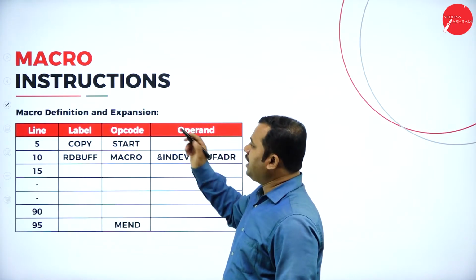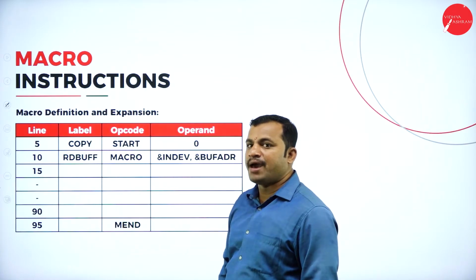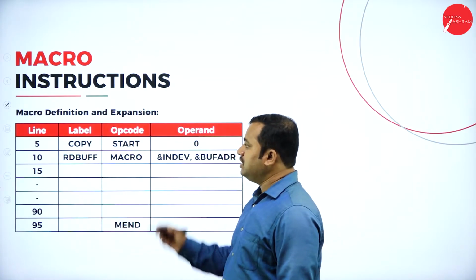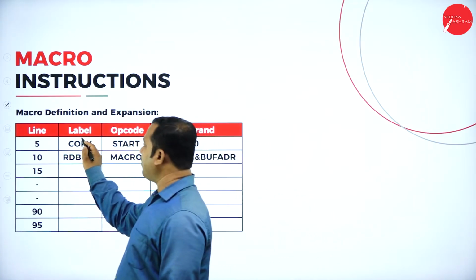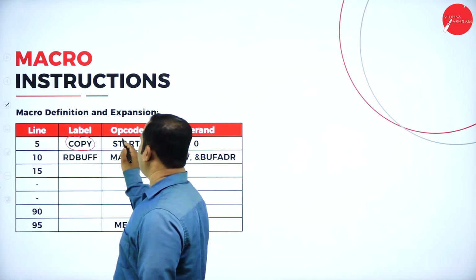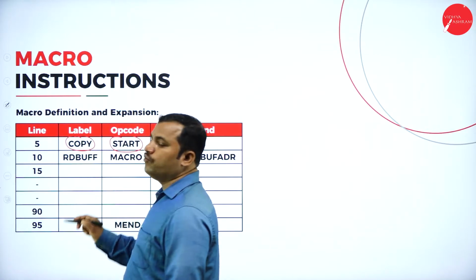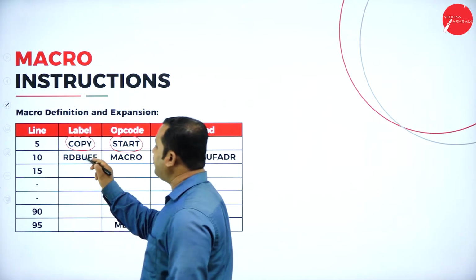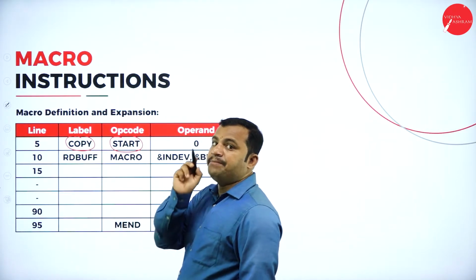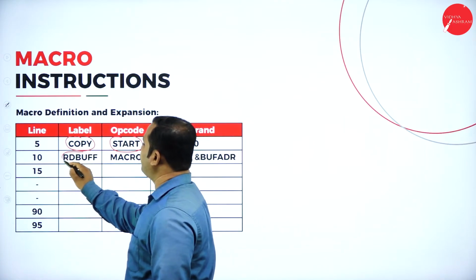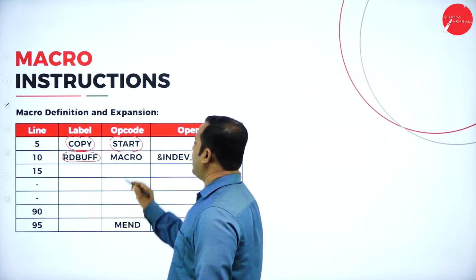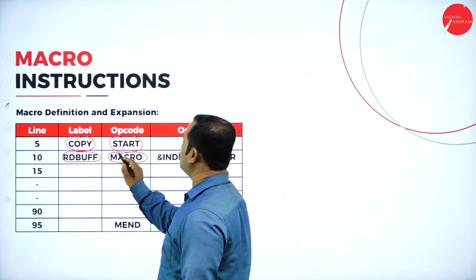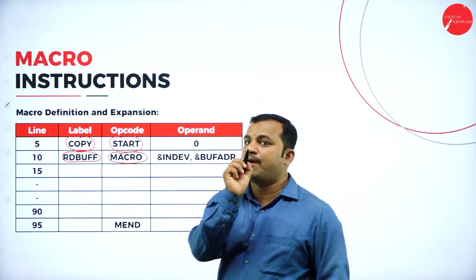Next, let me take you into the example of a macro instruction. In this case, in the assembler, we have a label called copy, and the opcode start is the one which starts the execution of the program. Then we have a label called read buffer, and it is defined as a macro. I'm using the word macro here.